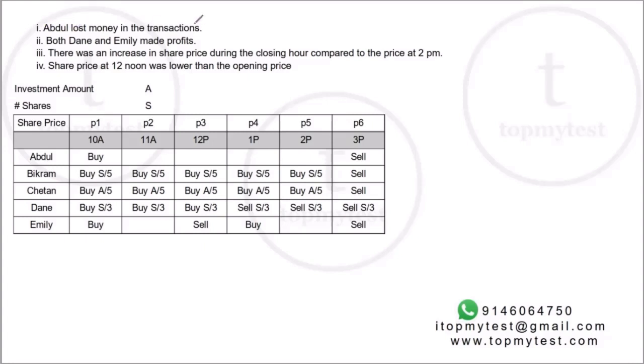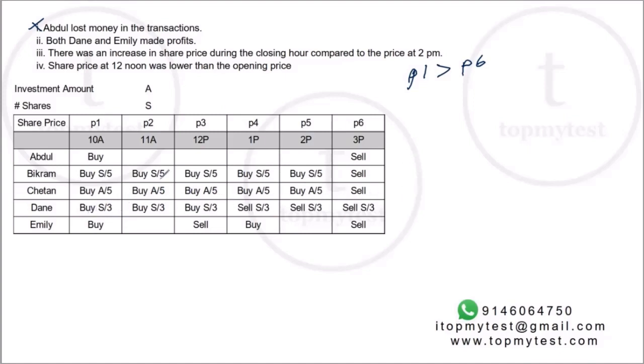Abdul lost money in the transactions, which means the closing price was lower than the buying price, the starting price. So P1 is greater than P6. That is taken care of. Both Dane and Emily made profits. Now, Dane is buying an equal amount of shares here and selling an equal amount of shares here.